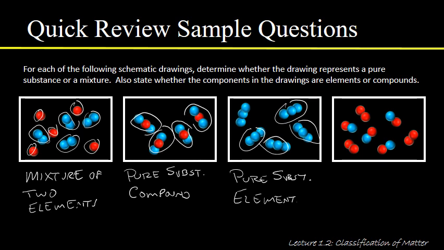Okay, and the last one, if we look at the ultimate particles, we can see there are two different kinds of ultimate particles. There's the one that's only red and the one that's red and blue. So since we have two different kinds of ultimate particles, this is a mixture, and the mixture contains both an element, those diatomic red molecules, and a compound, the one that has red and blue, right?